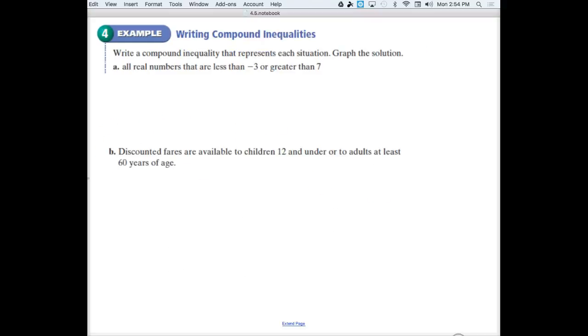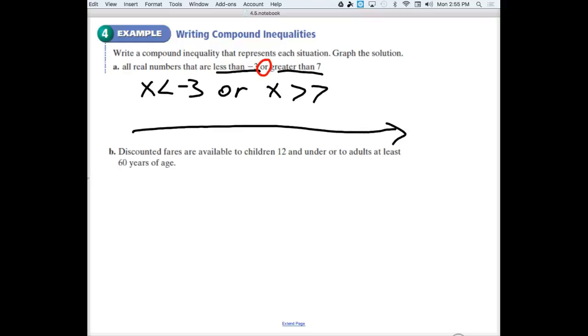Now, example 4 here, we'll write a compound inequality that represents each situation, graph the solution. So all real numbers that are less than -3. So again, we have x is less than -3, or greater than 7. So x is greater than 7. Now, in order to graph that, we're going to need a longer number line.